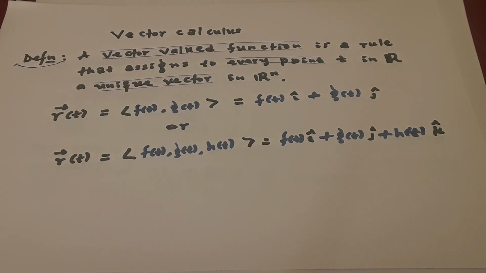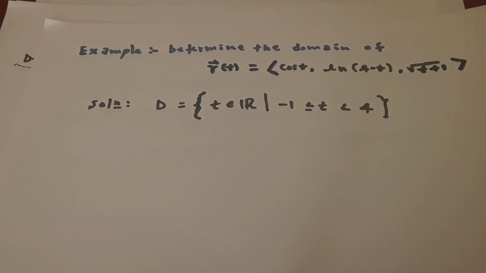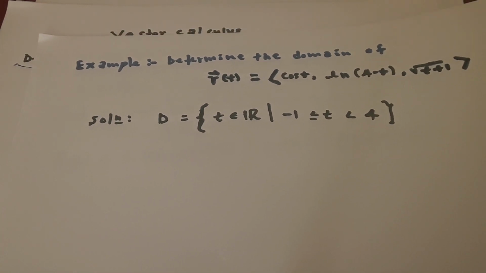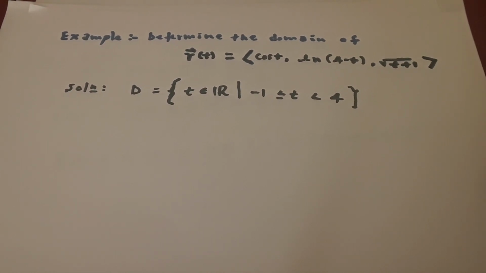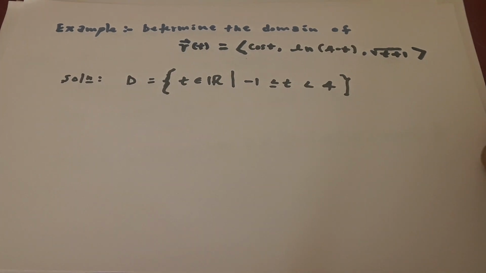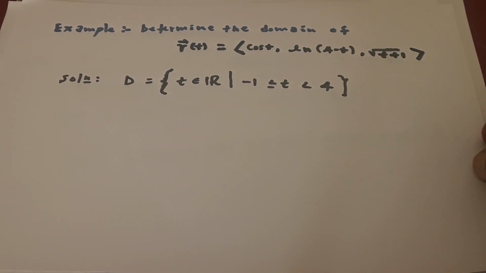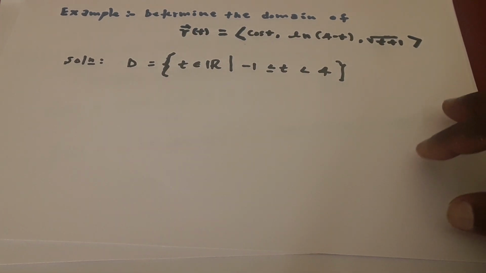As I told you before, a vector valued function is a function whose domain is the set of allowable input values, the real numbers, whose range is the set of vectors. That's why the domain of the entire vector valued function depends on the domain of individual components.